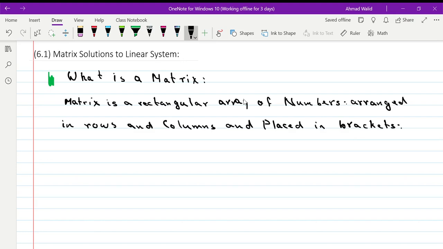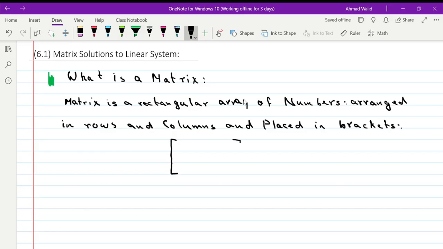This is a definition that I just wrote, maybe not a totally clear definition, but I want to give you an idea. It's a rectangular array of numbers placed inside brackets. Correct?